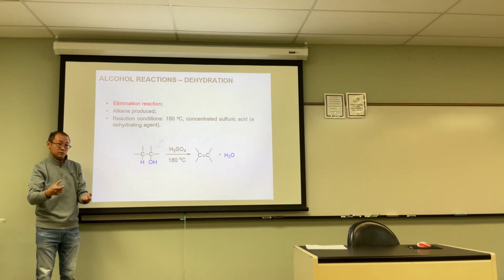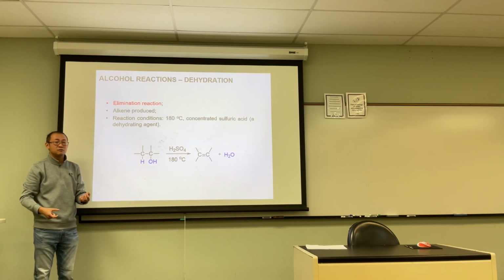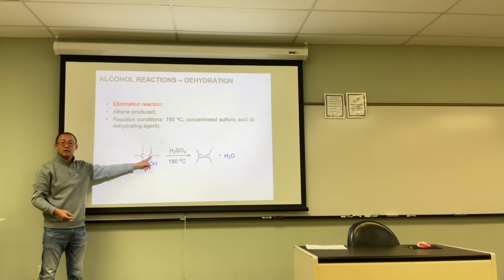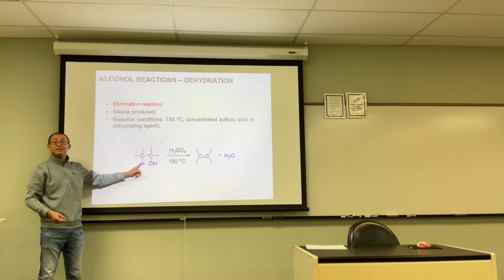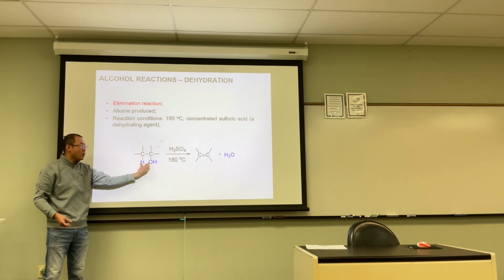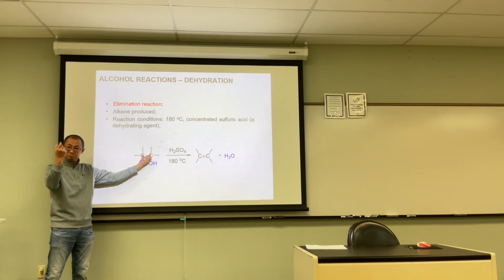Water. What is water? H and OH. The OH is from what? From the alcohol carbon. The H is from what? The adjacent carbon, the carbon next to it. So you're taking H and OH from 2 carbons that are directly bound together.